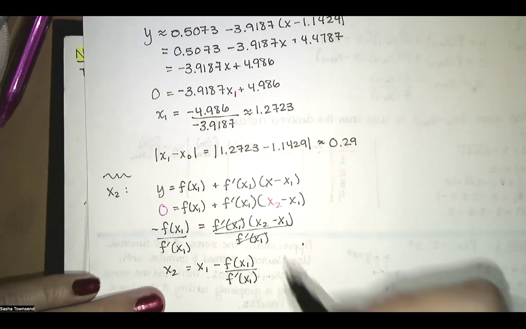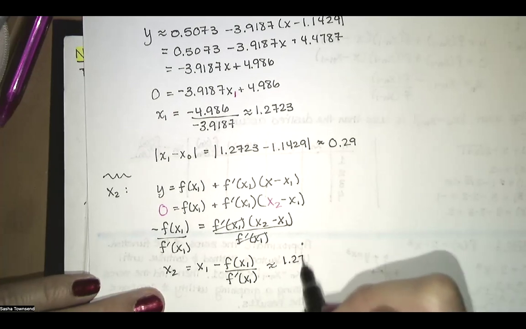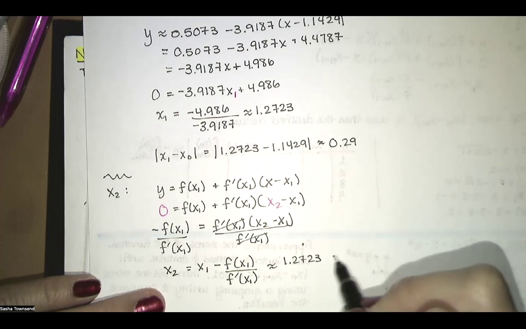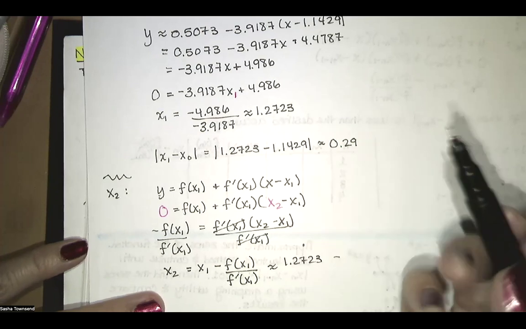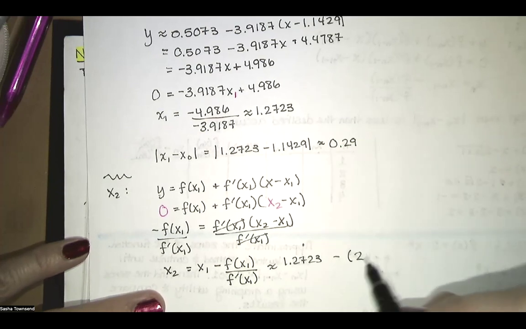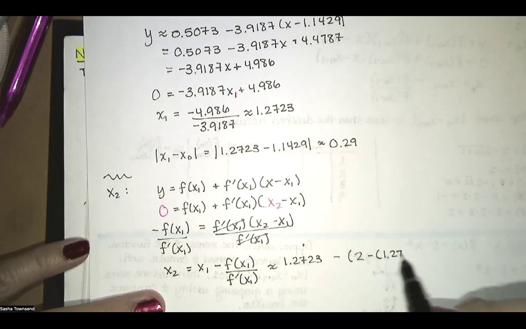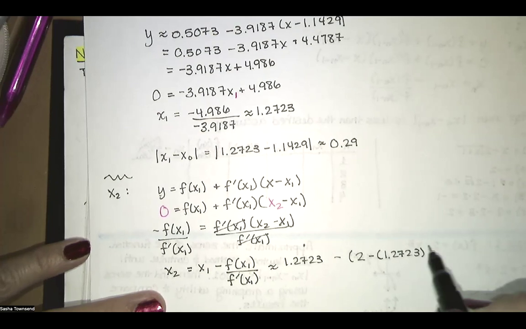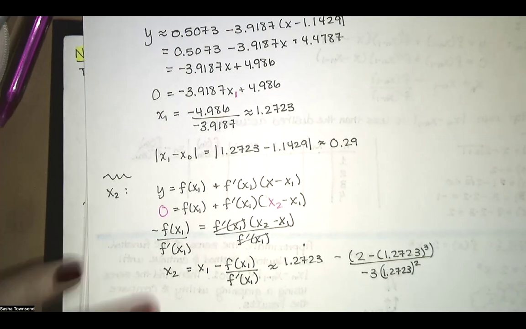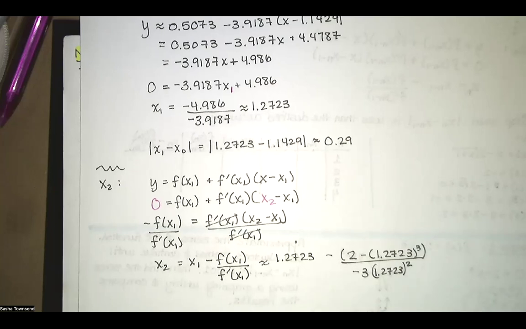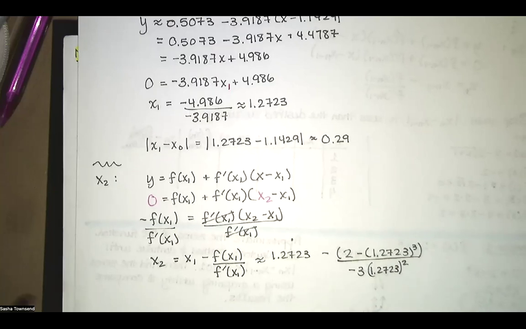And x1 was approximately 1.2723. The function value at x1, I didn't evaluate that, but it's going to be 2 minus x1 cubed. And then we'll divide by the derivative at x1, so that's negative 3 times x1 squared. So we usually let the calculator or the computer do that calculation for us.